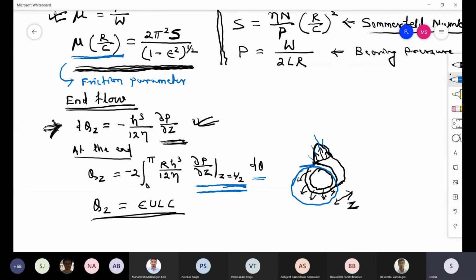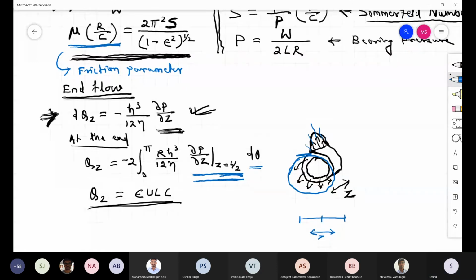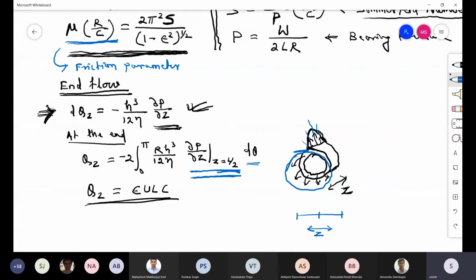If it is infinitely long, there also I am taking Z equal to 0, with Z running from minus infinite by 2 to plus infinite by 2. So whatever calculation I do is restricted to Z equal to 0.